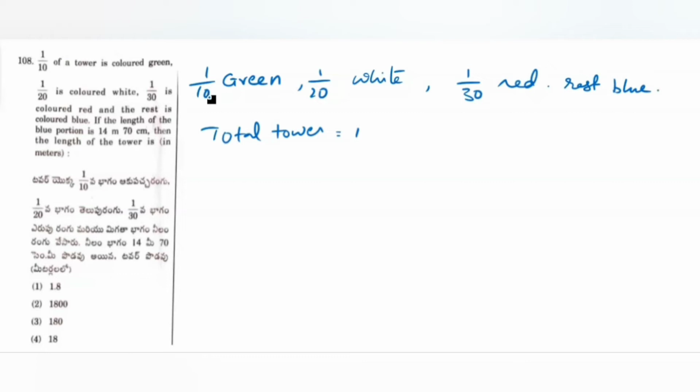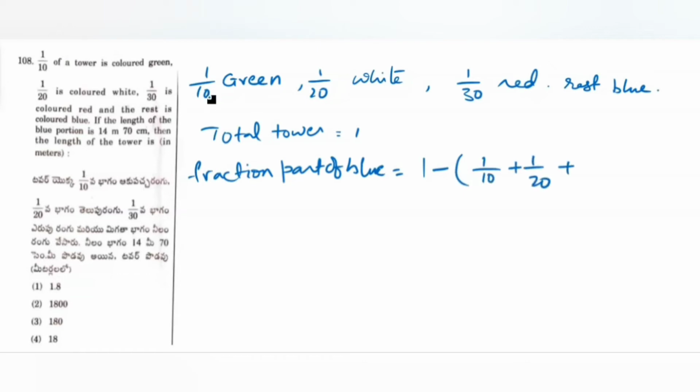The fraction part of blue is 1 minus the sum of the green part, plus 1 by 20 white part, and 1 by 30 red portion. If you add these and subtract from 1, you will get the fraction part of the blue.